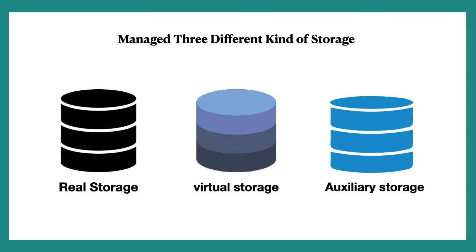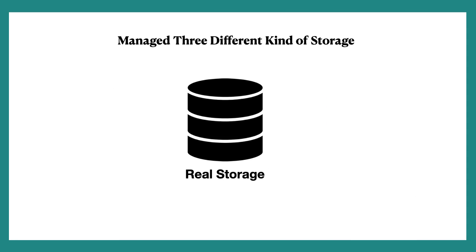z/OS manages three different kinds of storage. The first is real storage, the second is auxiliary storage, and the third is virtual storage. I'm going to discuss these one by one. Real storage is physical storage located on the mainframe processor itself.